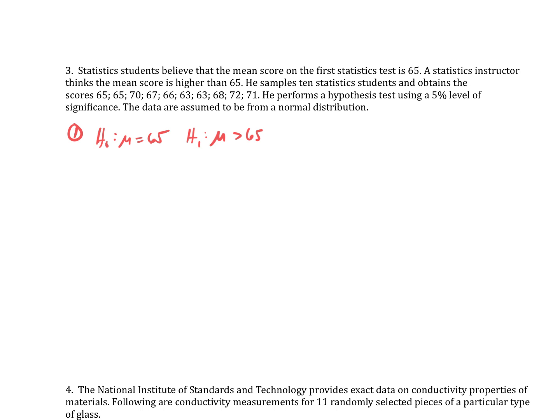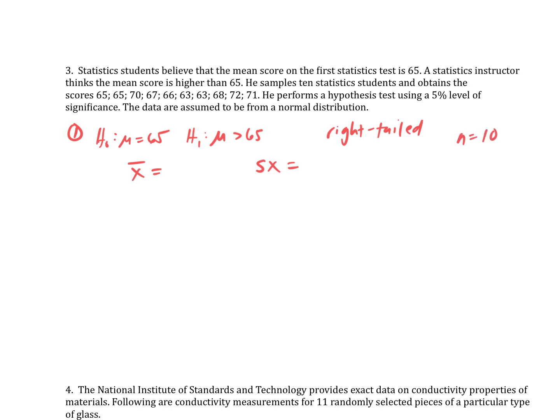What type of test is this? Right-tailed. And then you need to go put the data in, and you need to find your mean and standard deviation. Remember, when you're using the calculator, your standard deviation is the one that says SX. And then the N is 10 because he used a sample of 10.